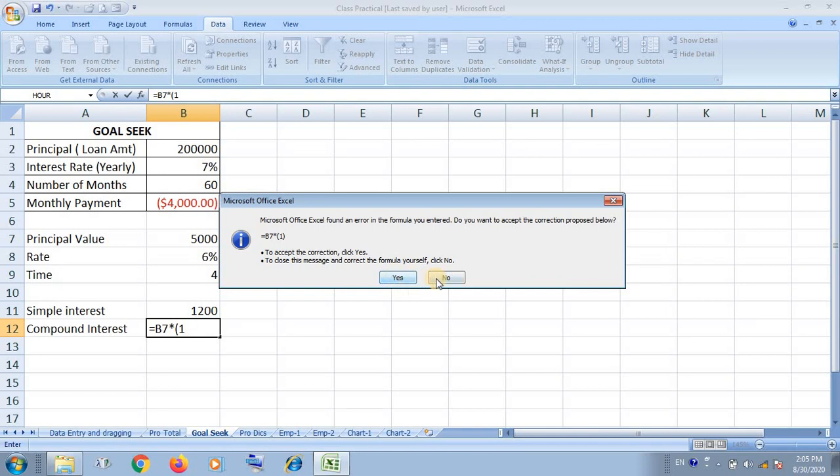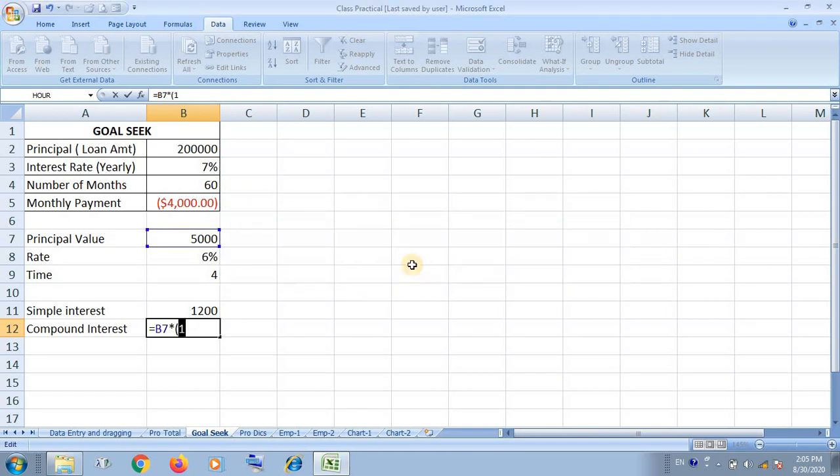Okay, no problem. We have to use the plus sign, and then R. You are looking here R upon 100, because here is 6 and the percent sign is here, so I have not divided by 12 here, 100 here.